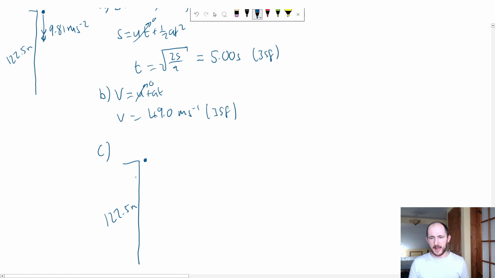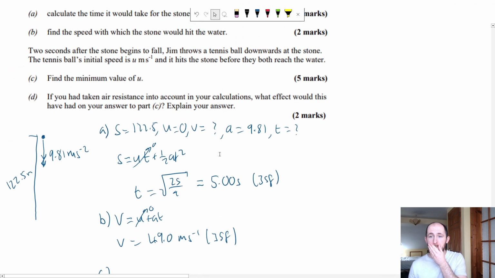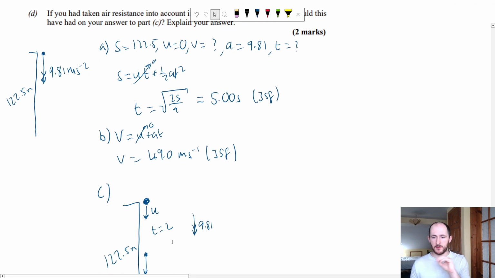But now we have a tennis ball, let's make it a little bit bigger, which has a speed of U. And somewhere down here is our stone, and I don't know how quickly it's falling, to be quite frank. But I know the difference between these two times is 2 seconds. And again, acceleration is downwards as 9.81. That doesn't change.